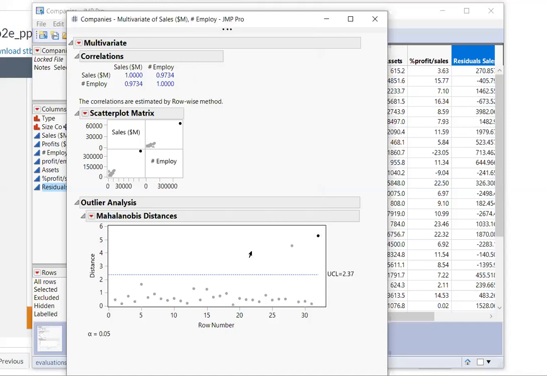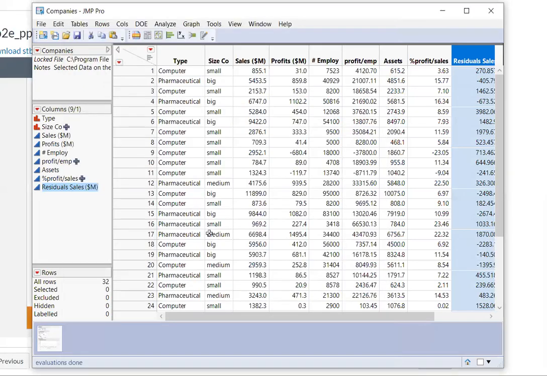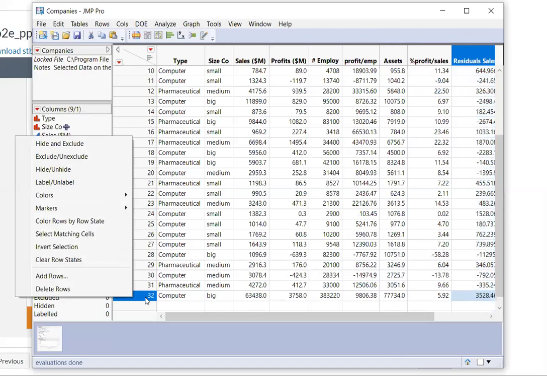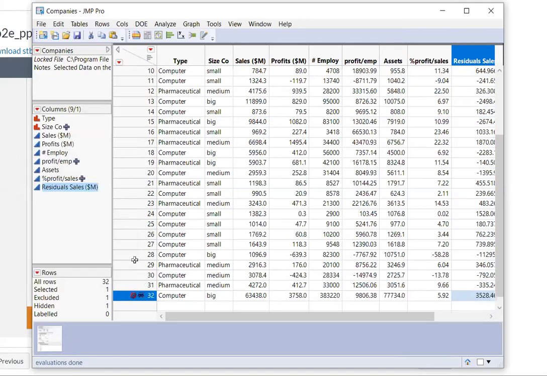Or if you don't want to do it this way, you just remember the numbers 28 and 32. So go back here, right click on row 32 and simply hide and exclude it. And also 28. Right click, hide and exclude.